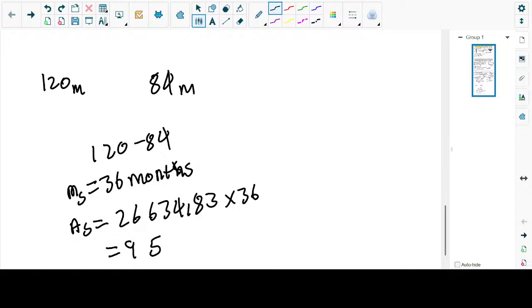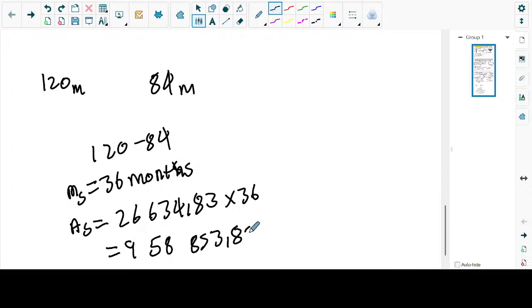So it's 958, this is 958,000. And then we have 853, so this one is 958,853.